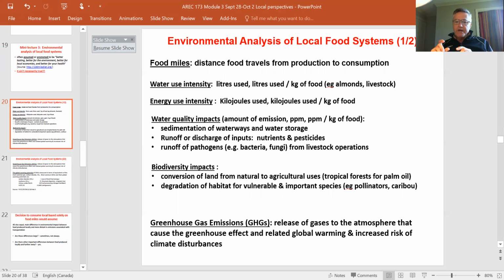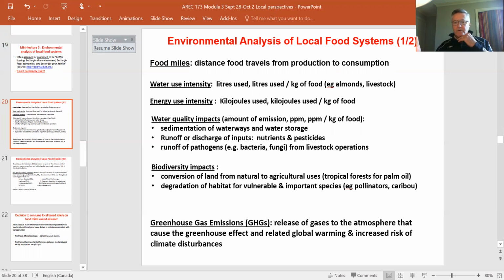There are 2 ways that water quality is often evaluated. We can do it by the emissions of pollutants that end up in water, maybe air and then become water, or by the level of pollutants in the water, say parts per million, or parts per million per kg of food.